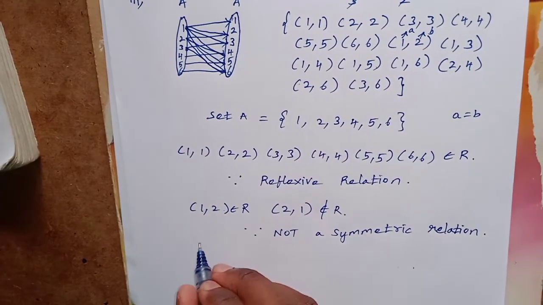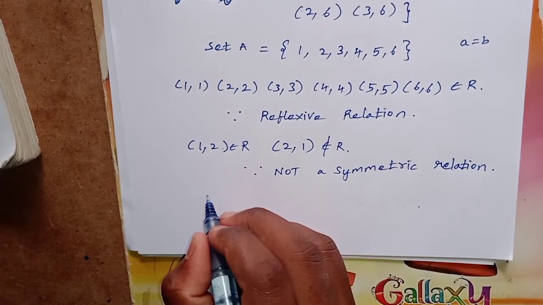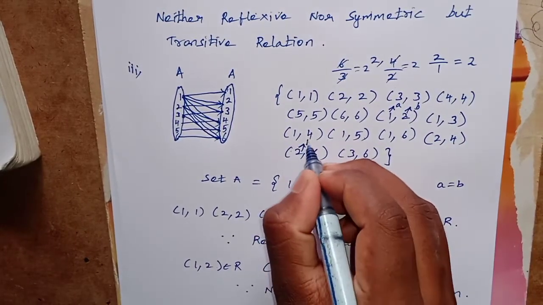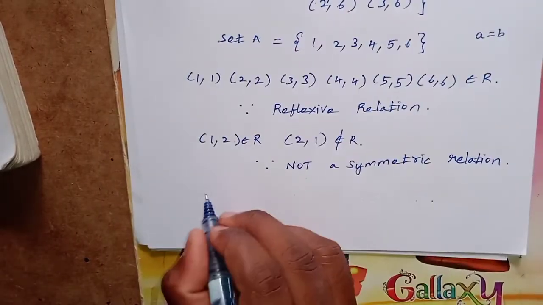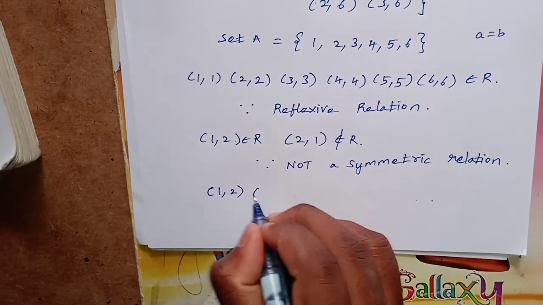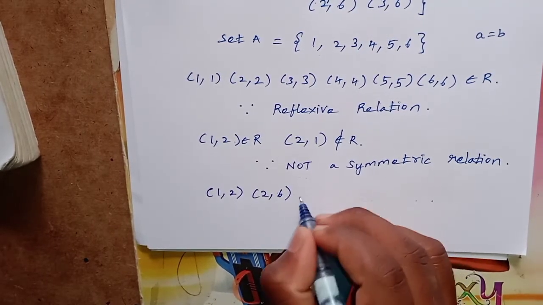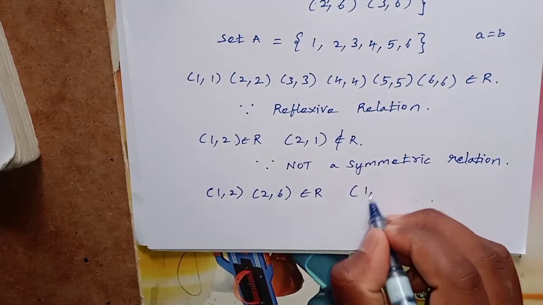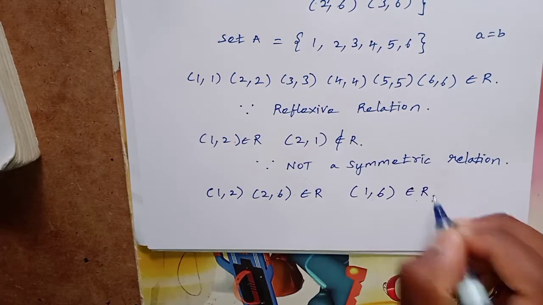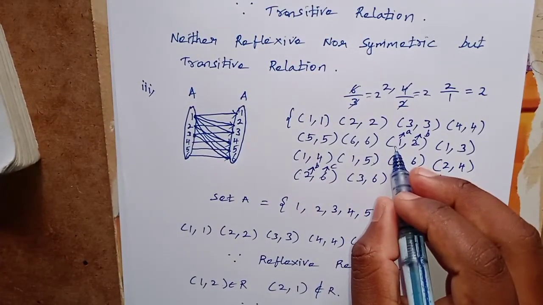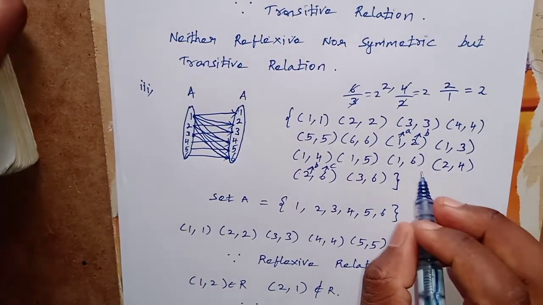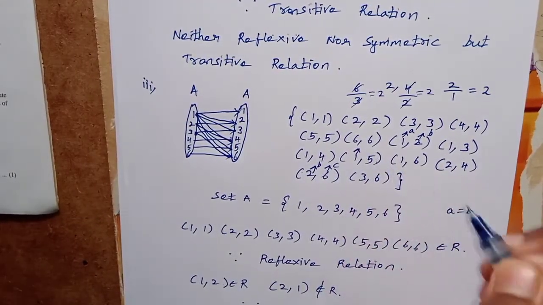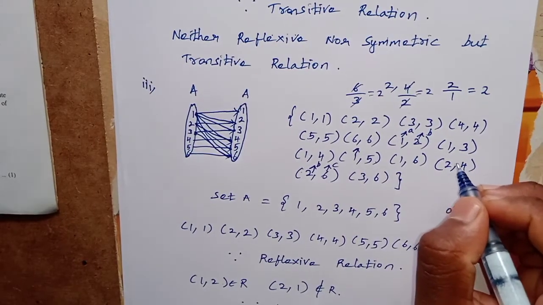Okay. Last condition, transitive. Here A B, B C. A B is 1 comma 2, B C is 2 comma 6, which belongs to R, and 1 comma 6 also belongs to R. Here it's satisfied. Next, you have to check for every term.